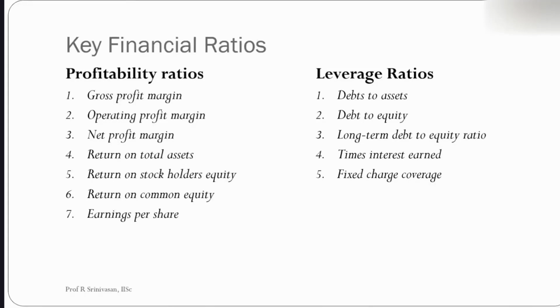If you look at the gross profit margin, you are looking at the sales minus the cost of goods sold in the numerator. When you look at the operating profit margin, you are looking at profit before taxes and interest in the numerator. When you come down to the net profit margin, you are deducting the taxes from that. That is, it will be profit after tax in the numerator.